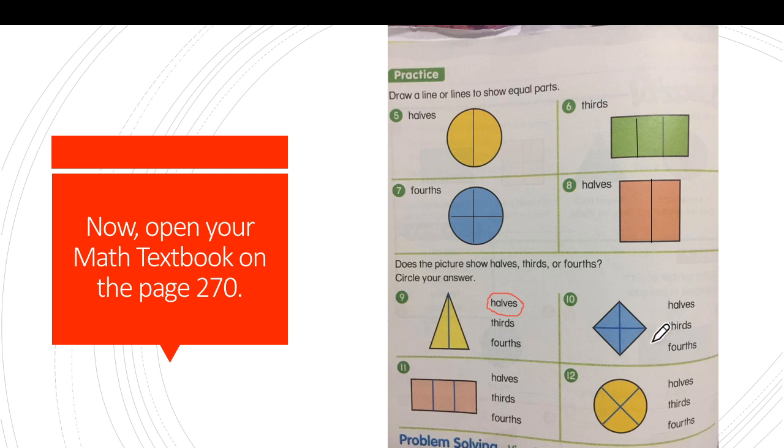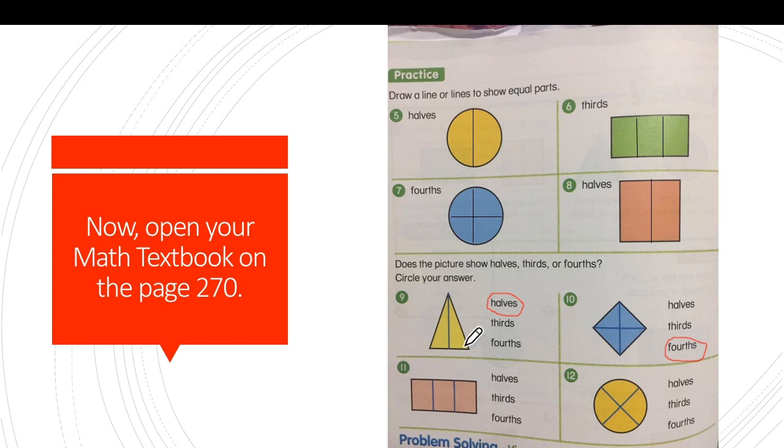Number 10. This square is divided into how many parts? One, two, three, four. What do we call four equal parts? Do we call them halves or thirds or fourths? Well done. We call them fourths.